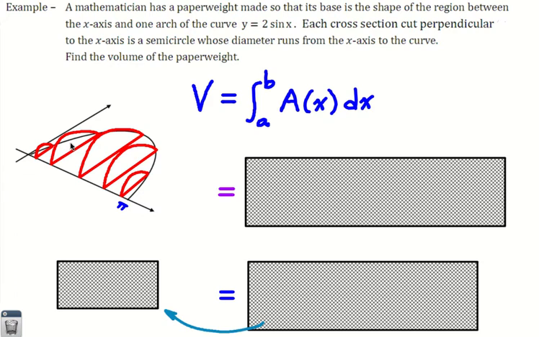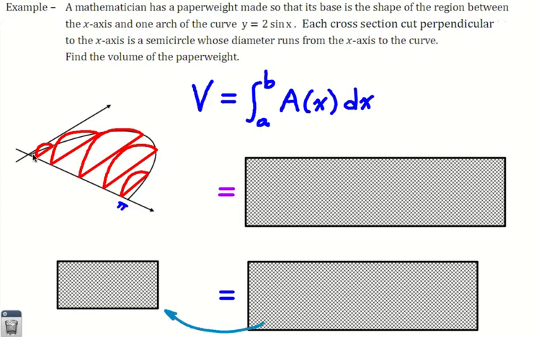And you should know enough coming out of the first semester about the graph of 2 sine of x. This is 0, obviously, and this value right here where the arch comes back to meet the x-axis, this is pi.